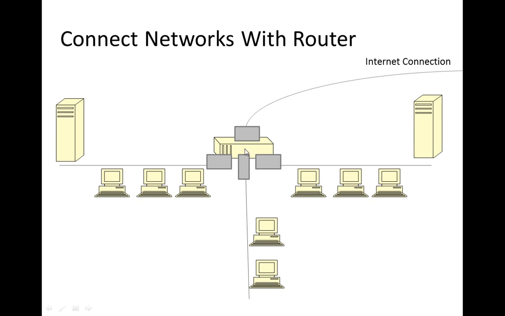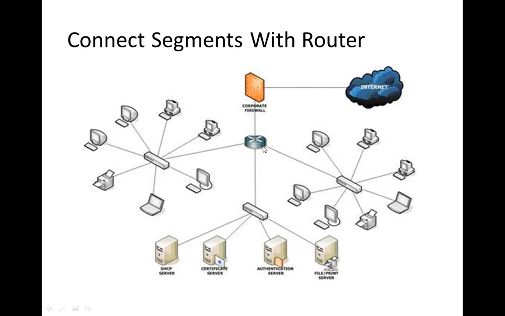This is a diagram of a router connecting three bus topologies, but it could just as easily connect three different star topologies. Here's a router as well, and they diagram the router as a cylinder. And you see that the router, in this example, is connecting star networks together.